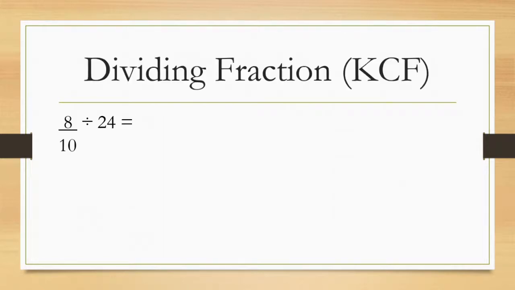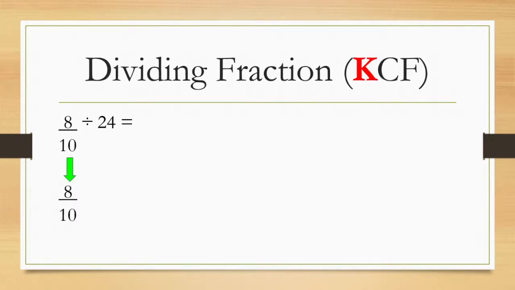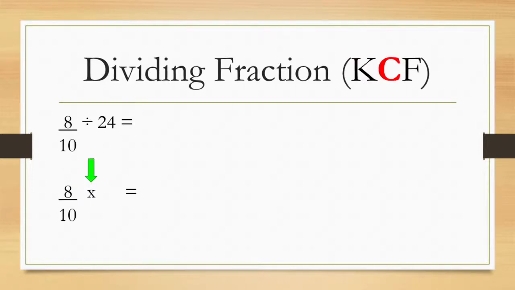Yun po yun. So let's have another example. 8/10 divided by 24. Keep 8/10 as it is, and divide by 24. So divide will become multiply, and 24 will become 1 over 24. Since it is a whole number, it is 24 over 1.